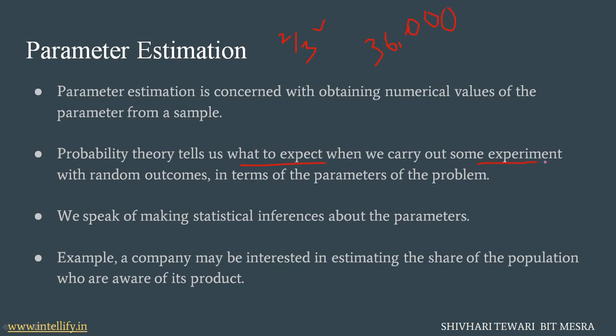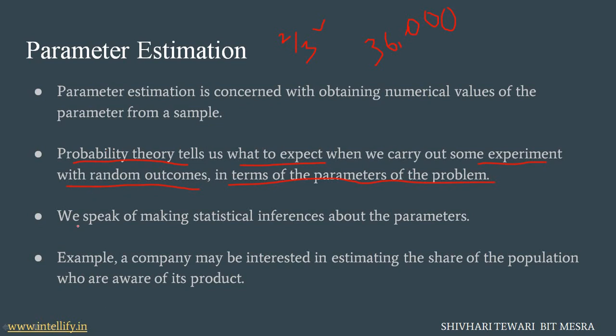If we are doing an experiment with random data sets which give us random outcomes, probability theory tells us what we should expect in terms of the parameters of the population of the problem statement. This is how probability theory is used in parameter estimation.